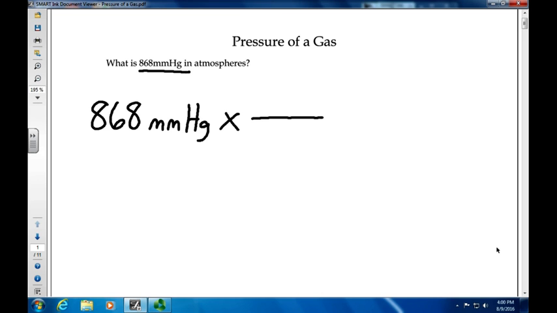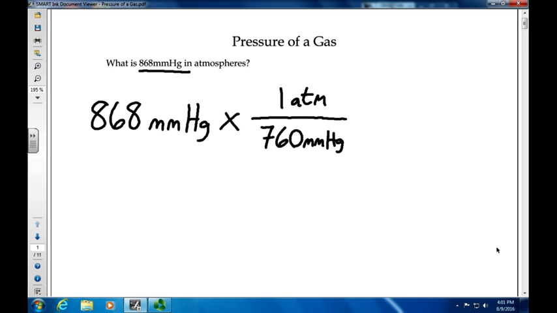In your book, you can identify that there are 760 millimeters of mercury in one atmosphere. So we're going to put 760 millimeters of mercury under one atmosphere, because this is essentially multiplying it by 1, because one atmosphere is equal to 760 millimeters of mercury.